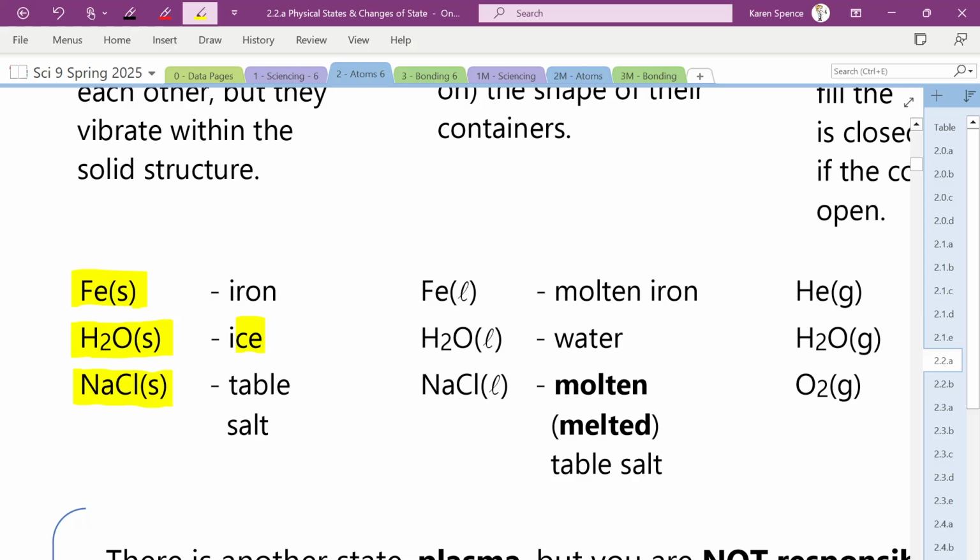And if you're wondering what table salt looks like, if you could blow up table salt huge, big, you would have alternating sodium chloride, NaCl, NaCl, NaCl, NaCl, NaCl in a cube shape, which is why salt forms little cubic crystals.